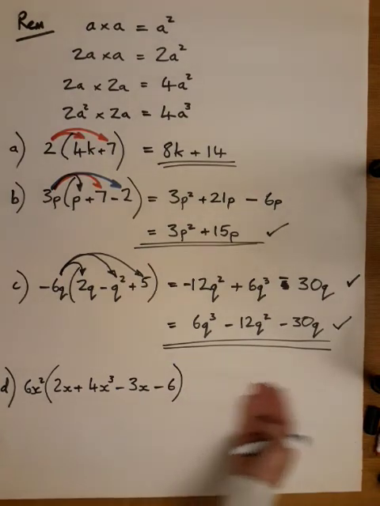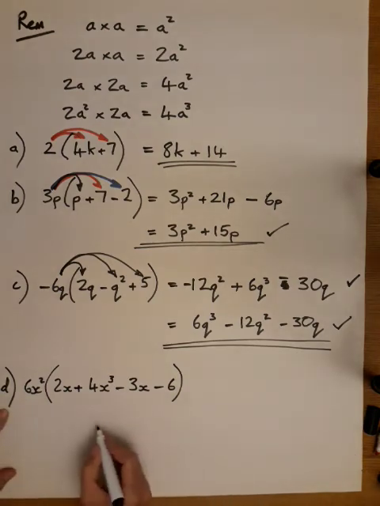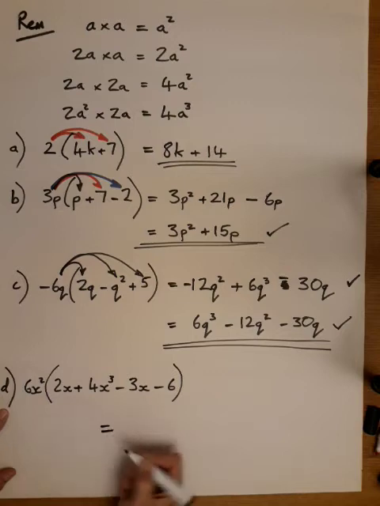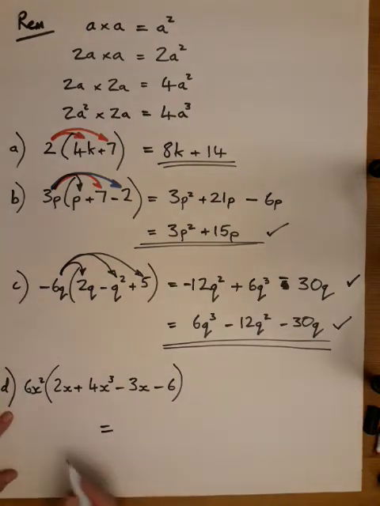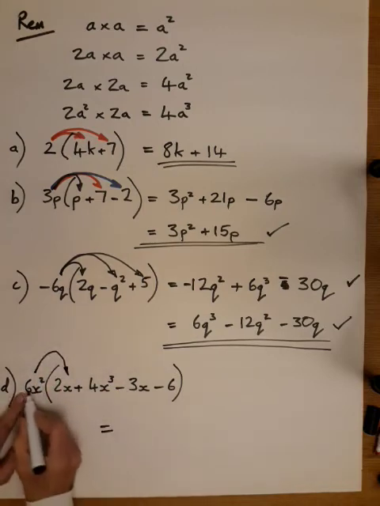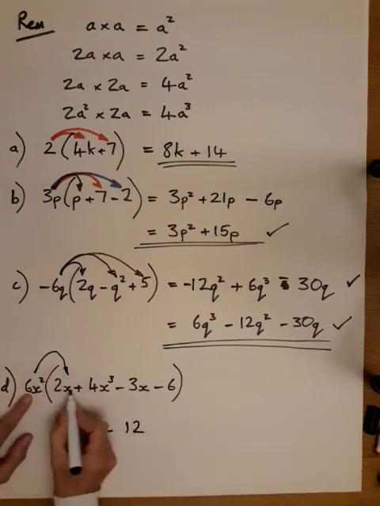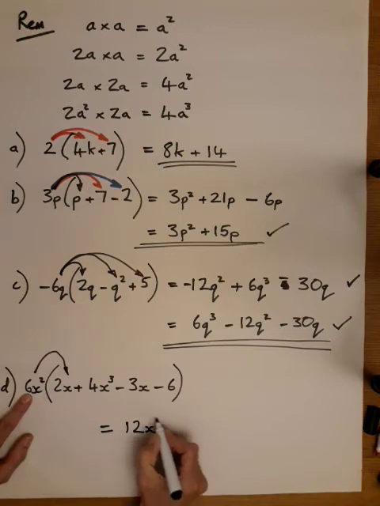Could get a bit busy over here in a second. In fact, I'll come underneath. Okay, so instead of carrying on over there, I'll do it here. So this term multiplying that term. 6 times 2 is 12. X squared times x is x cubed.